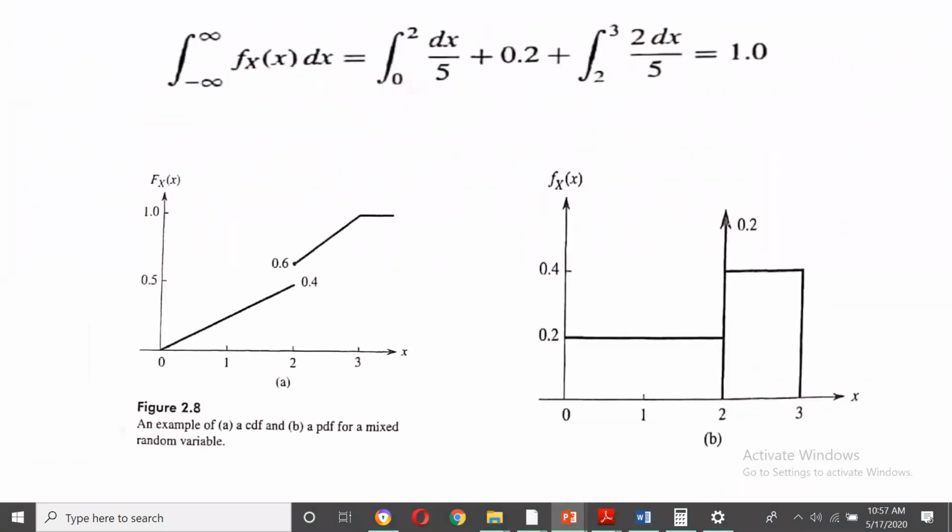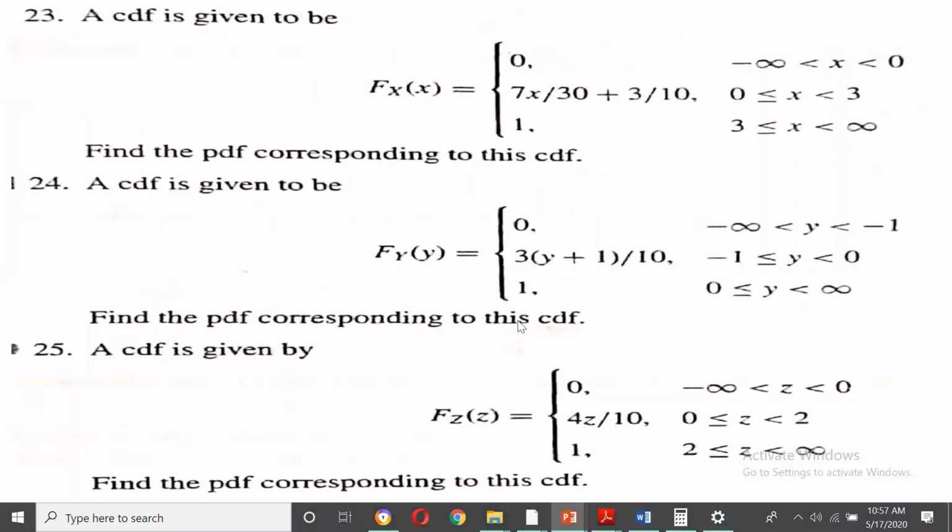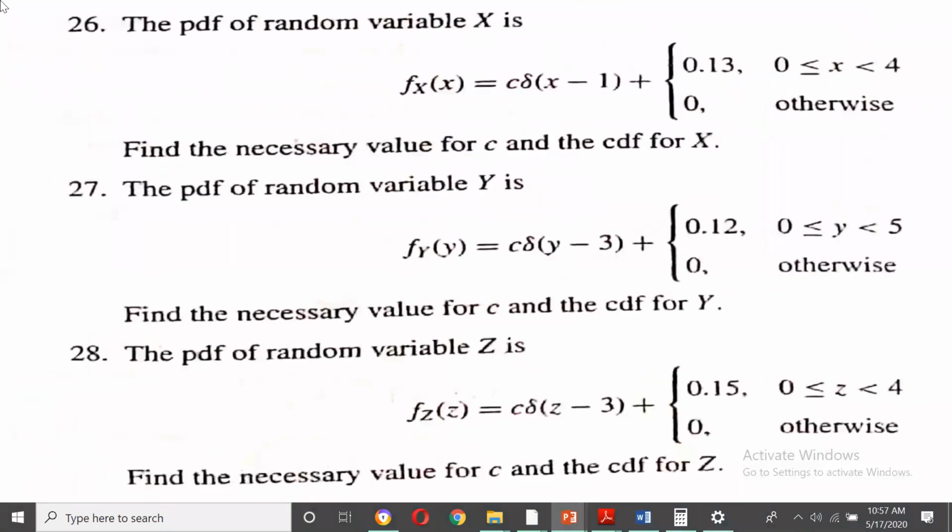So next we will go for the mixed random variable example. This is a mixed random variable example, which is there on 26. F_X(x) equal to c·delta(x minus 1) plus 0.13, for 0 less than x less than 4, and 0 otherwise.